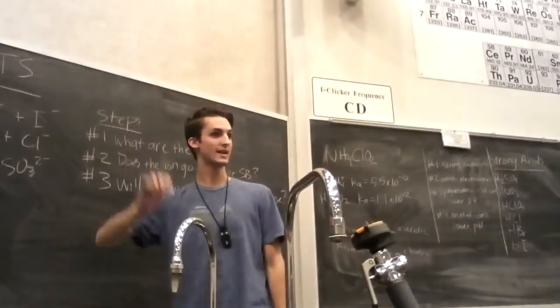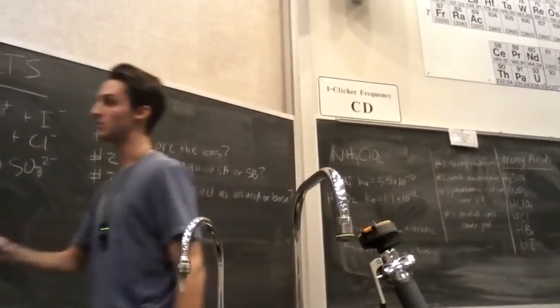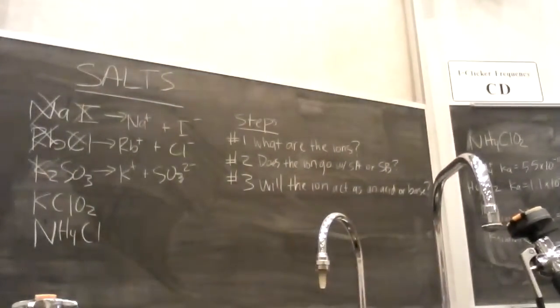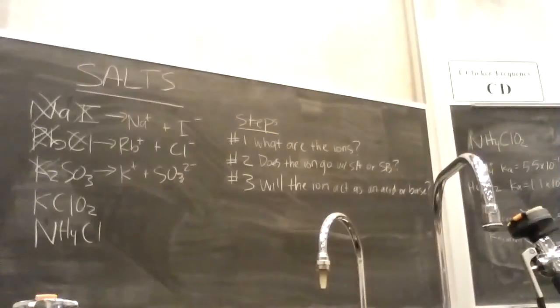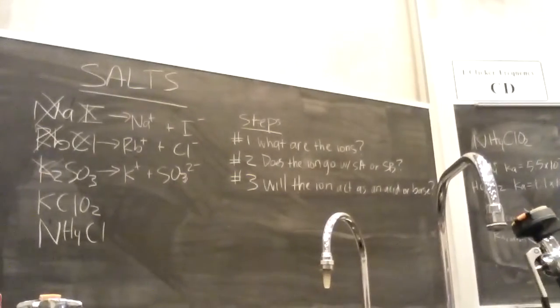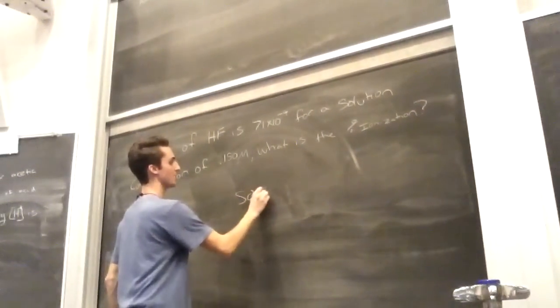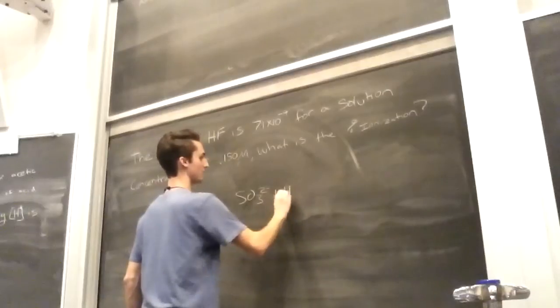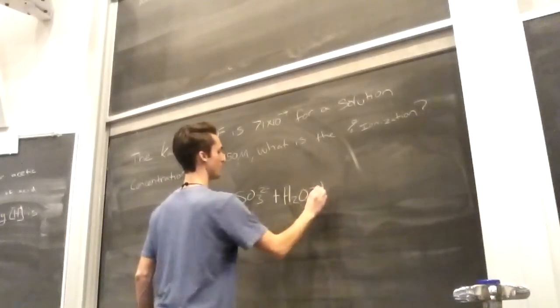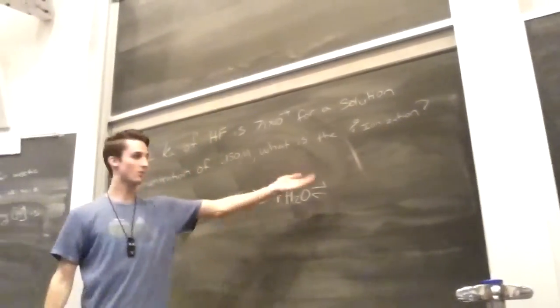This is where it gets hard. If you're still having trouble, think about it like this. If you're not sure if it's going to be an acid or a base, just draw it out like this. SO3 2 minus plus H2O is going to make what?